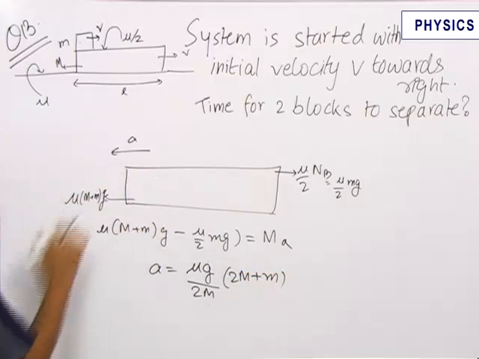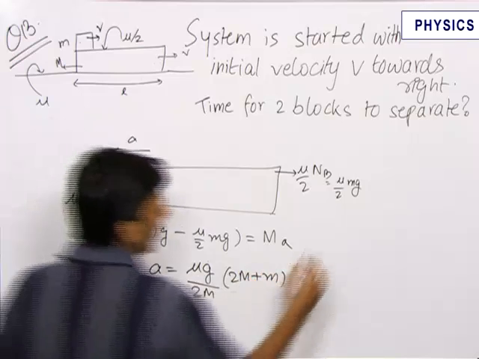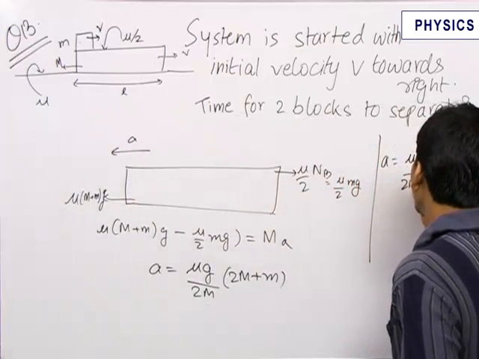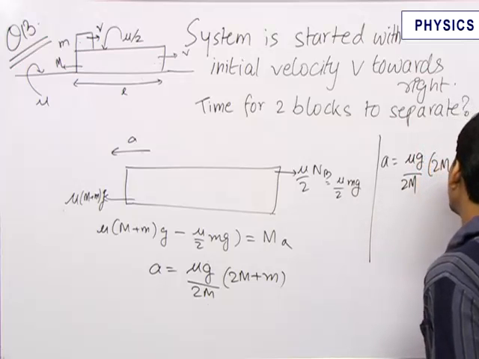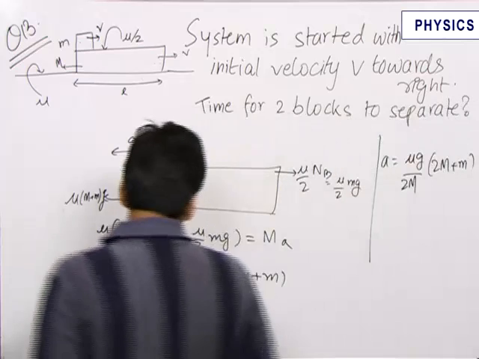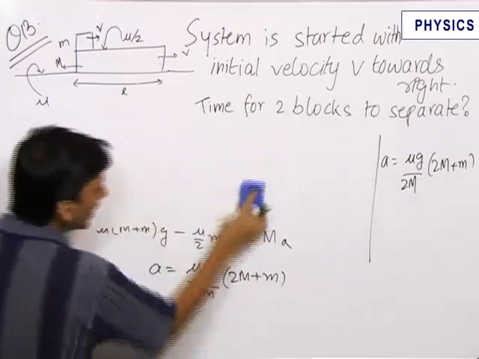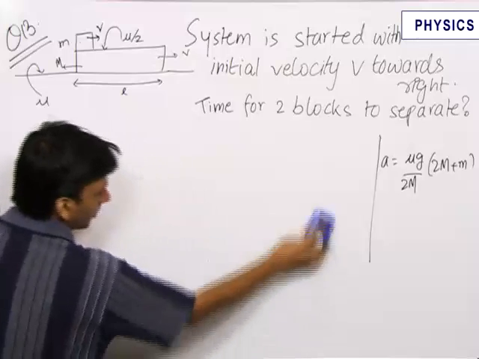We now know the acceleration of the lower block. Let us write this here. Acceleration is equal to mu g upon 2M, into (2 into capital M plus small m). Now we need to find out the time taken by the two blocks to separate.